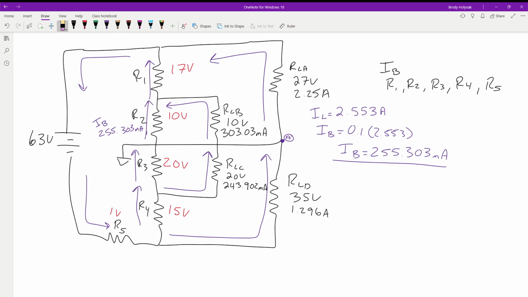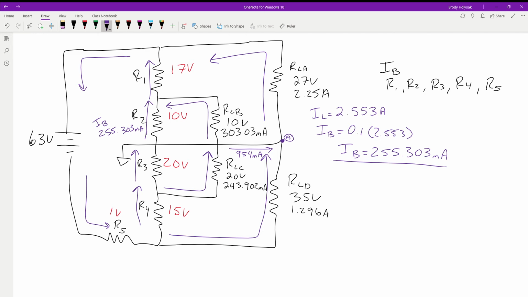It could go the other way if this current dropped below this one. So we've got the current flowing in that direction. How much current do we have? Milliamps, yep. So we have to have 954 milliamps going into that node to be able to match up to the 2.25 that we have.